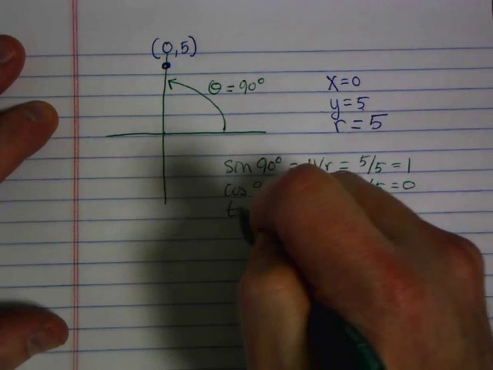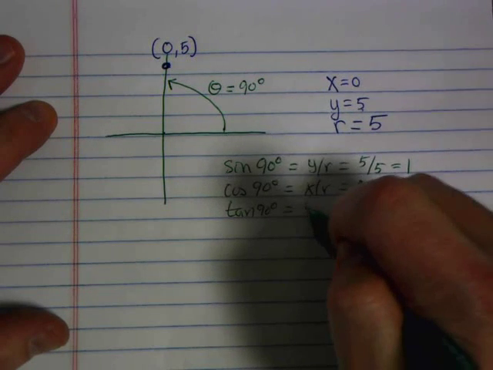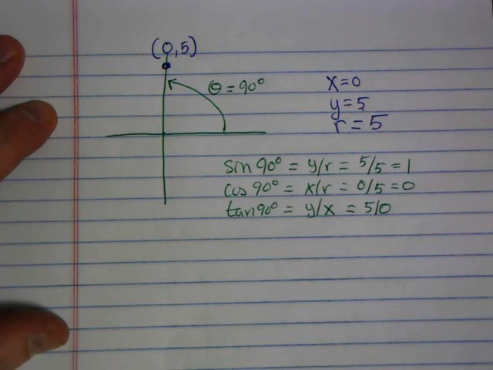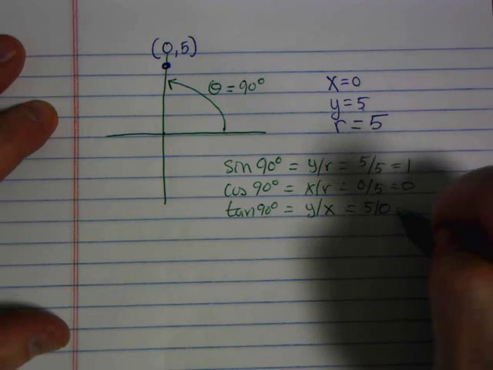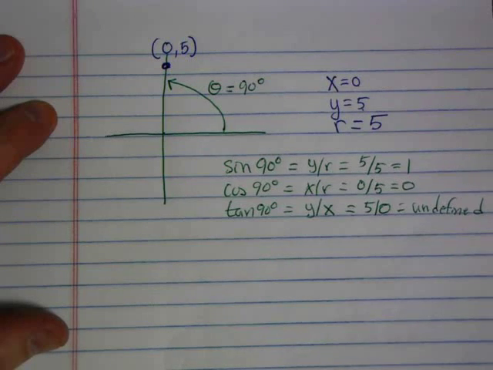And how about the tangent of 90 degrees? 1? 0? Undetermined? Undefined? It's y over x, which is 5 over 0. What's 5 over 0? Undefined. You cannot have 0 on the bottom of a fraction ever. It's undefined.